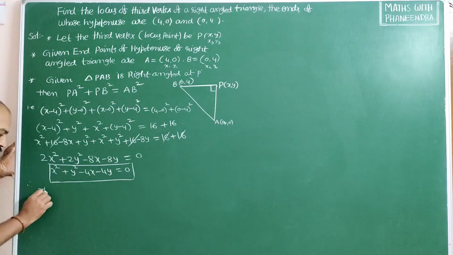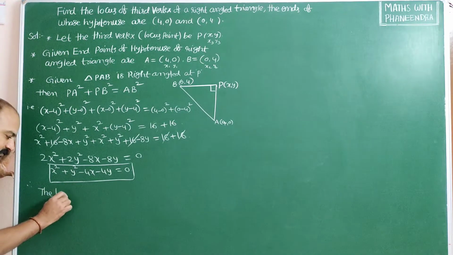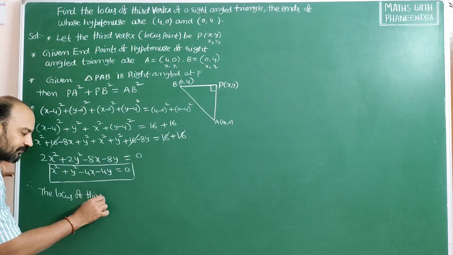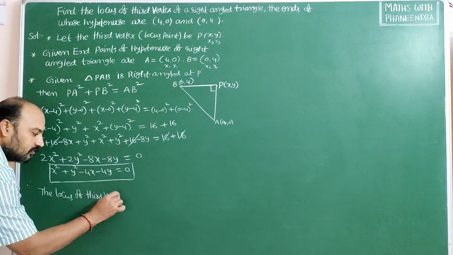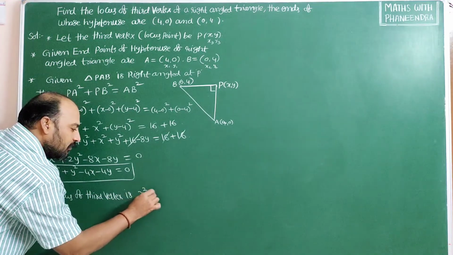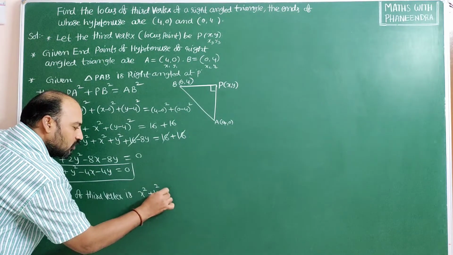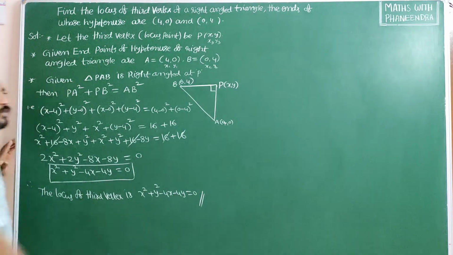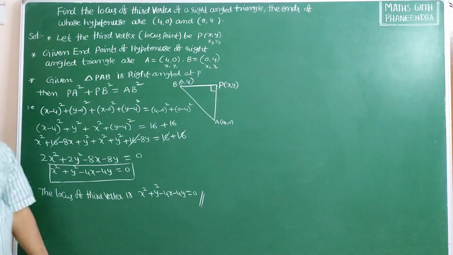Therefore, the locus of the third vertex is x square plus y square minus 4x minus 4y equal to 0. This is the way you can do it, dear students.